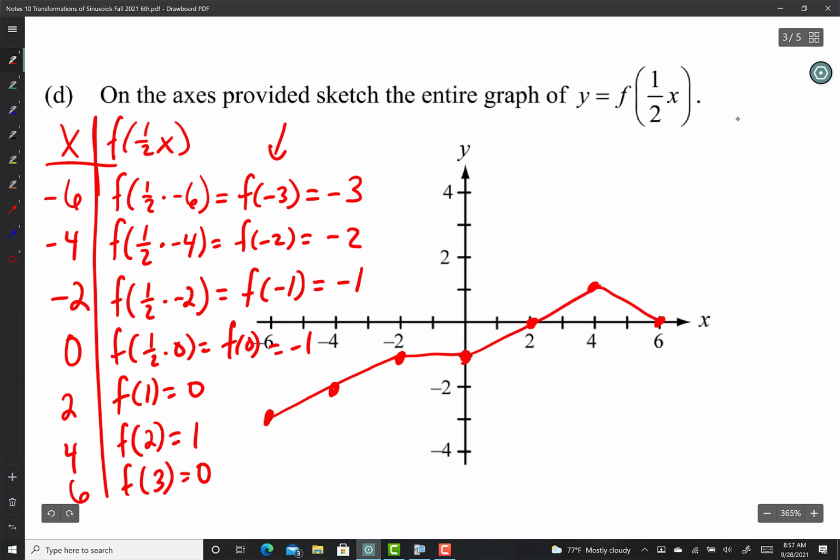What happened? That's right, horizontal stretch. If you were to take that x-axis and pull out both ends, that's what would happen. It's a horizontal stretch by what factor?